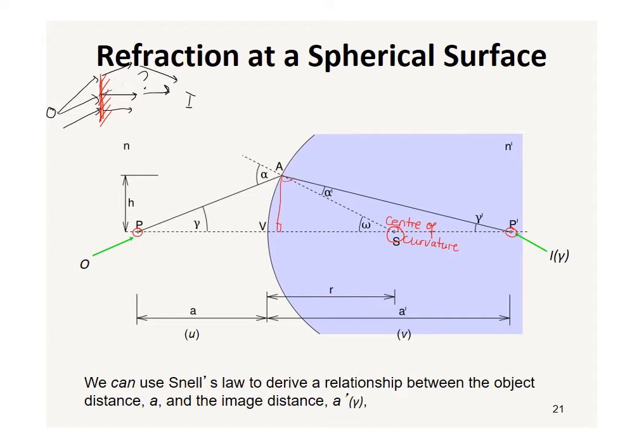And this point here is the vertex. The vertex is on the optical axis, and it's the furthest that the lens is, well, to the left or to the right. It's where the optical axis crosses the lens.